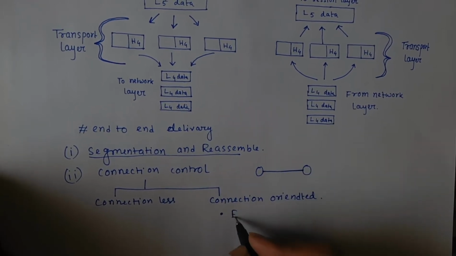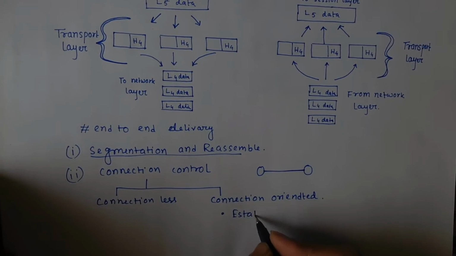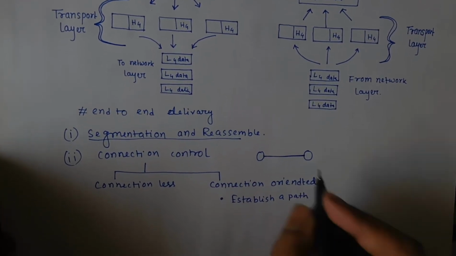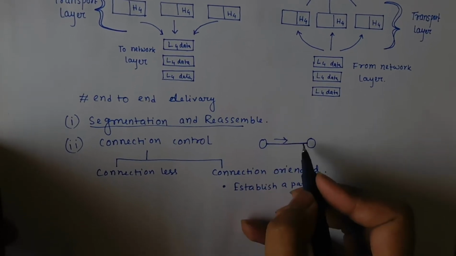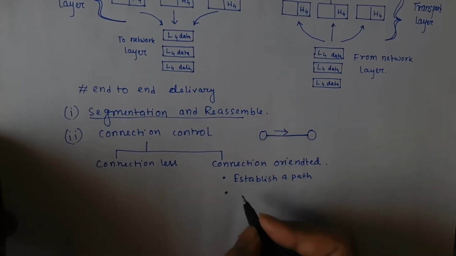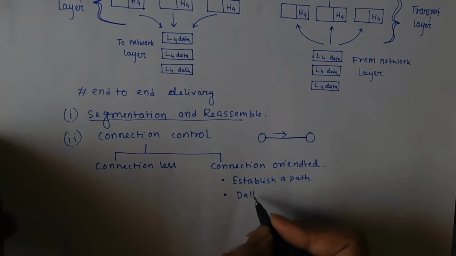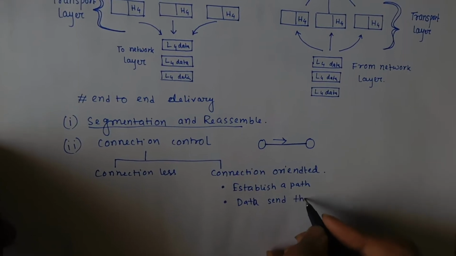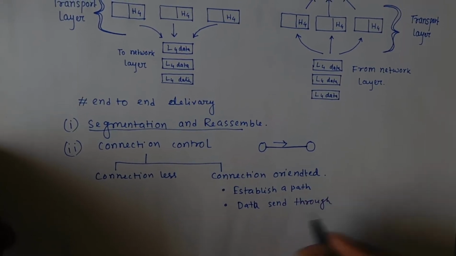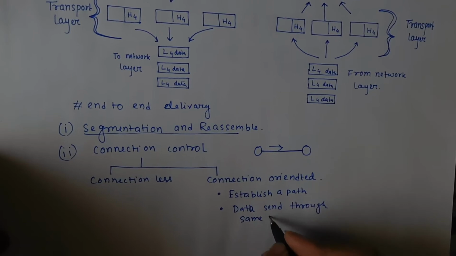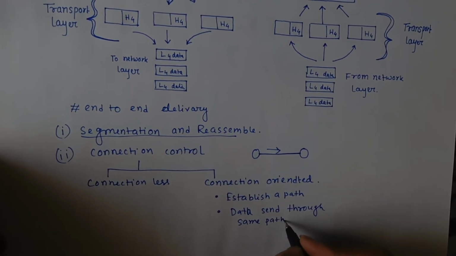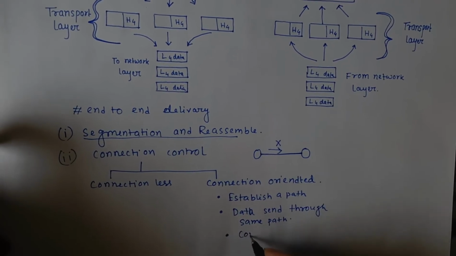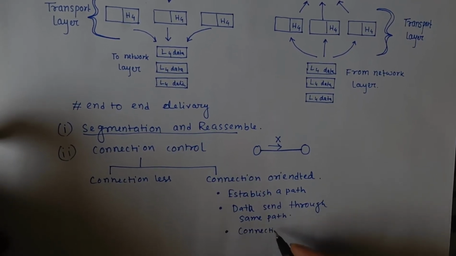At first establish a path, and all the data is sent or transmitted through the same path, and then the connection is terminated.